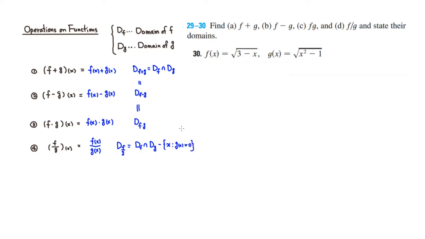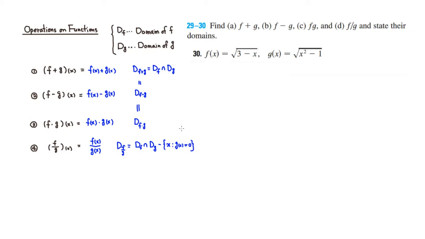So we take the intersection between those two domains, the domain of f and the domain of g, and then you remove the x values that make the denominator equal to 0. So those are the operations on functions and their corresponding domains.